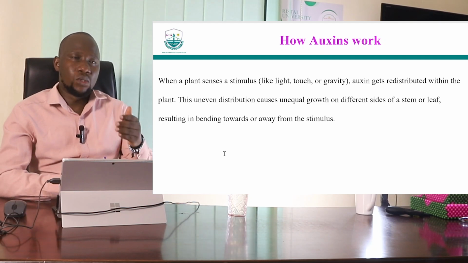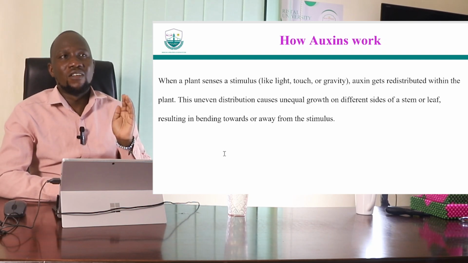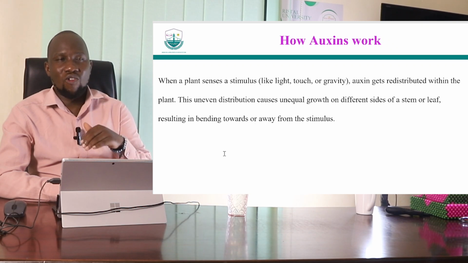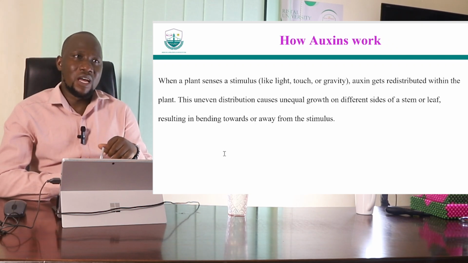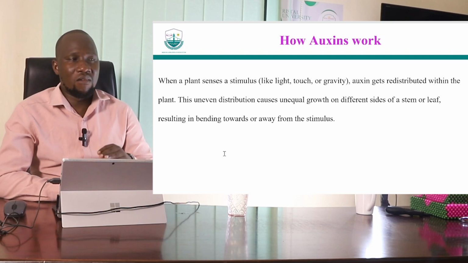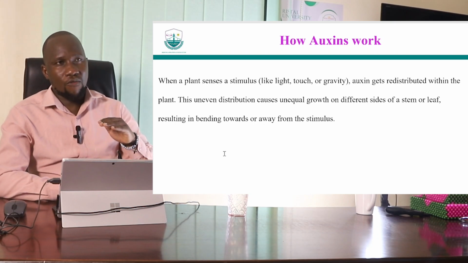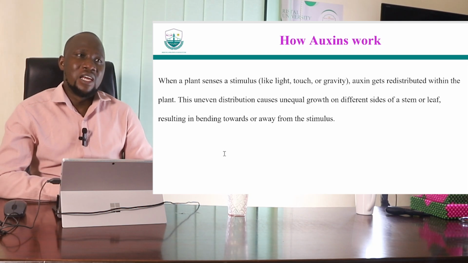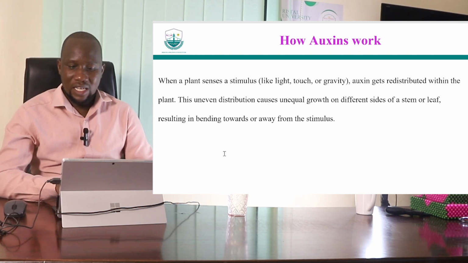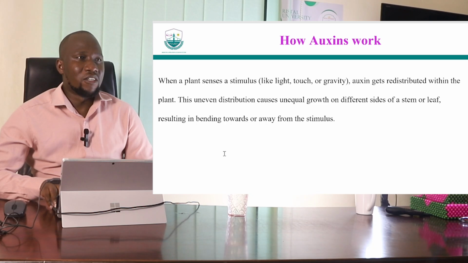If in the shoot you have more auxins, you're going to have more cell elongation. In the root system, if you have few auxins, then that's where you're going to likely have more elongation. We shall look at that in our subsequent lessons.